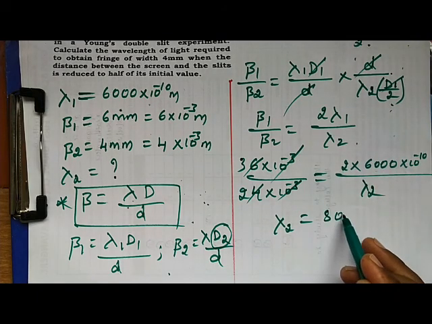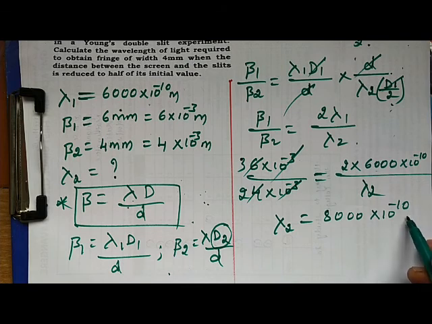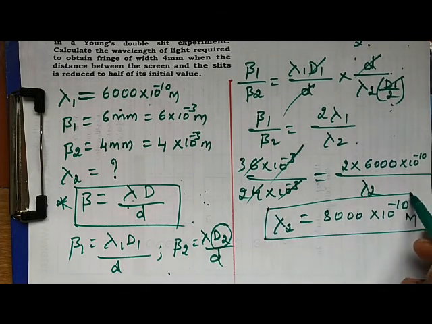So 8000 into 10 to the power of minus 10 meter is the lambda 2 value.